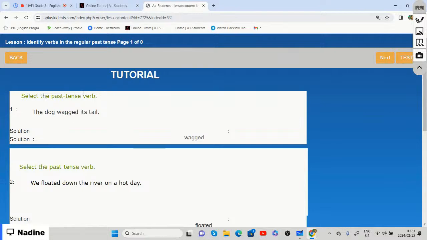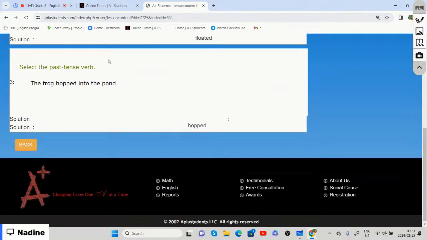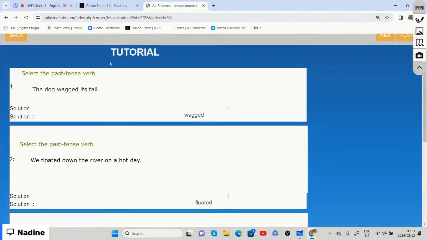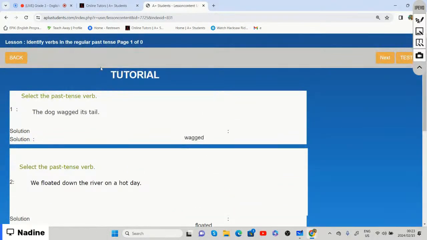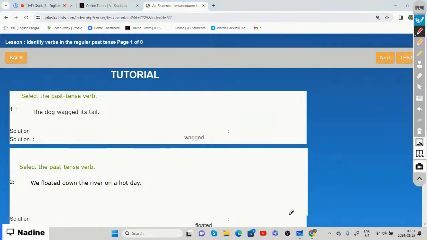All right. So now it says we need to select the regular past tense verb. This is now us identifying verbs within the regular past tense. It says the dog wagged its tail. What is the action that the dog did?